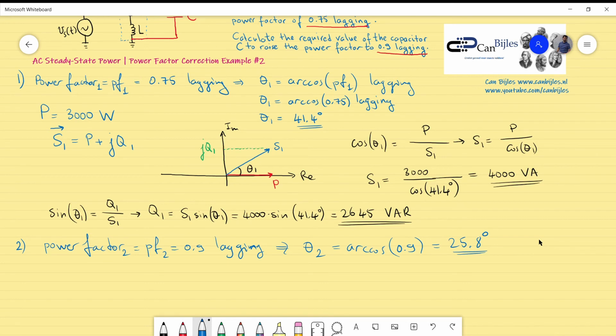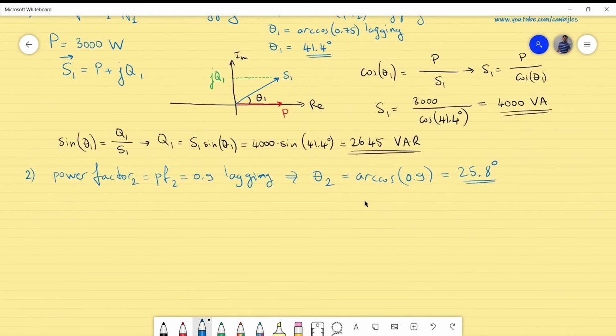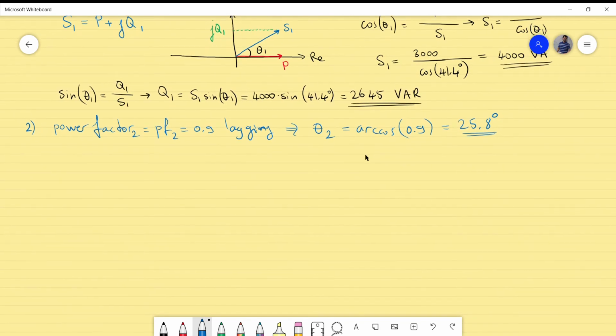Now let's sketch the new situation and the original situation in one graph, and I will make this a little bit bigger to illustrate the concept of what we need to do. So let's move up a little bit and make this sketch here on the left side. So we have the real axis and we have the imaginary axis. What is the original situation? The original situation is as follows.